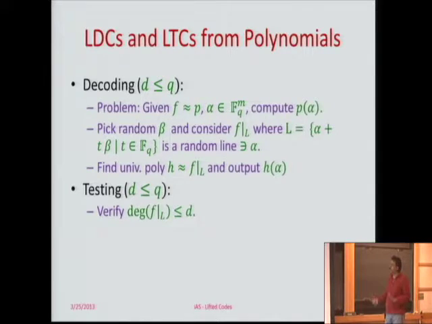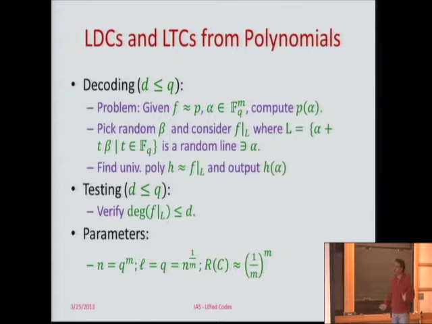So these are the decoders and the testers, and what kind of parameters are we getting? So n is q to the m, but the locality is q, because at most you looked at the value of a function on a line, and a line has q points. So as a function of n, the locality is n to the 1 over m.